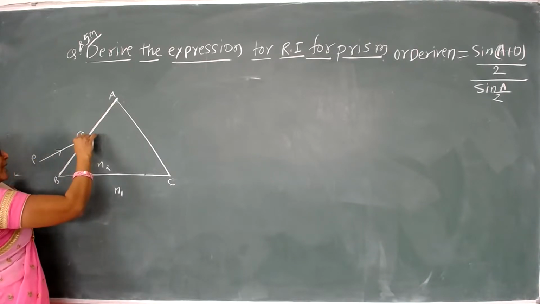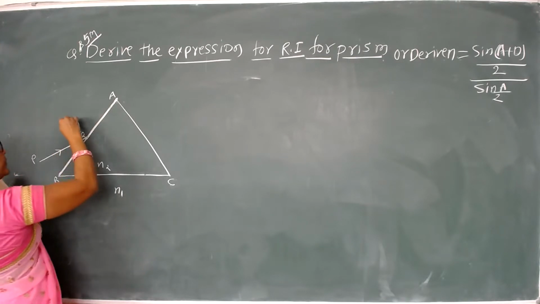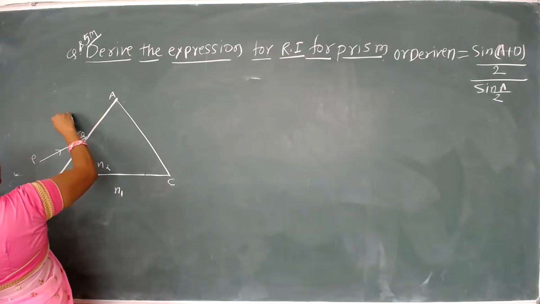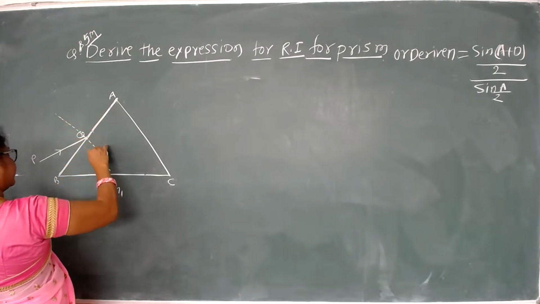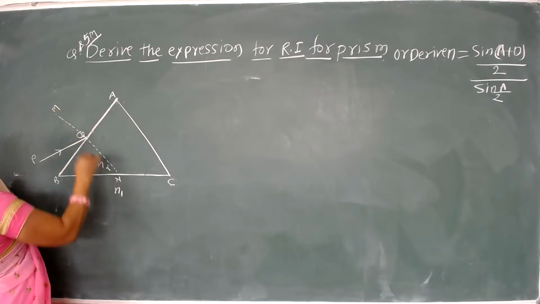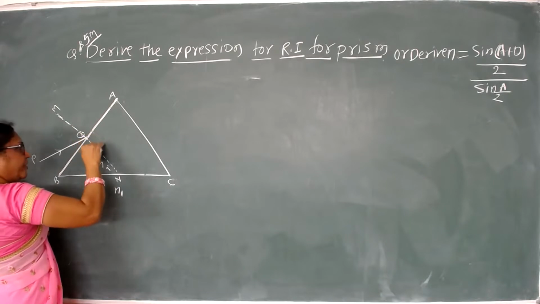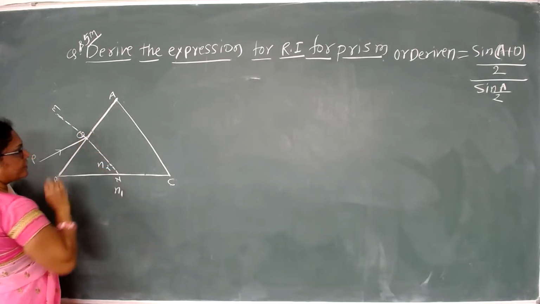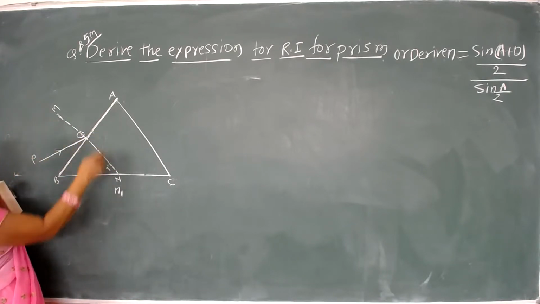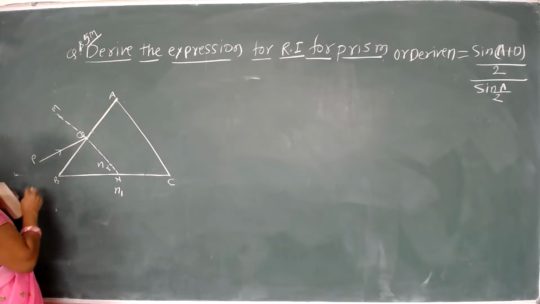So draw a normal at the point of incidence. So here MN be the normal to the surface AB.